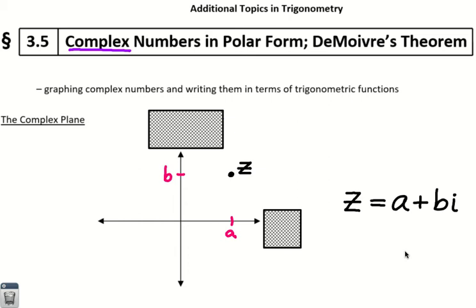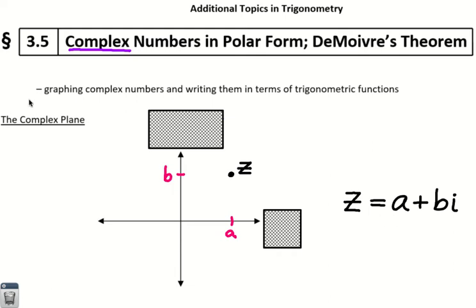So a complex number is a number that could have a real component and also an imaginary component. So that's what this a plus bi is all about. a and b would both be numbers, so a would be the real component and bi would be the imaginary component, okay?